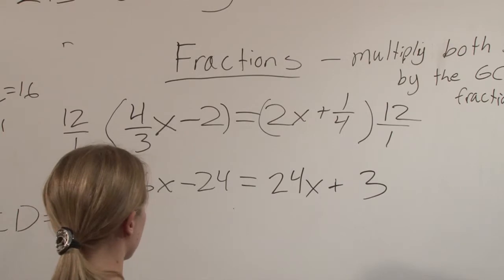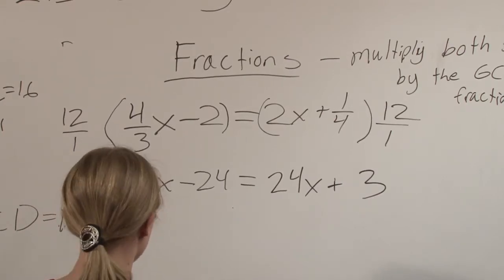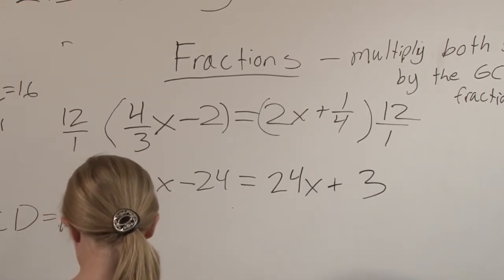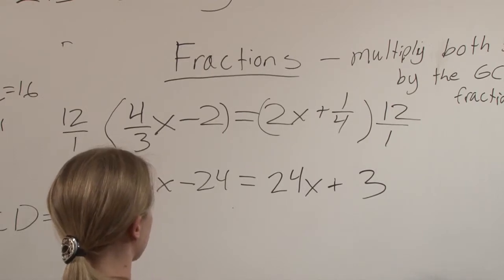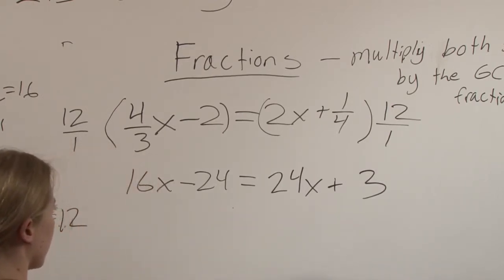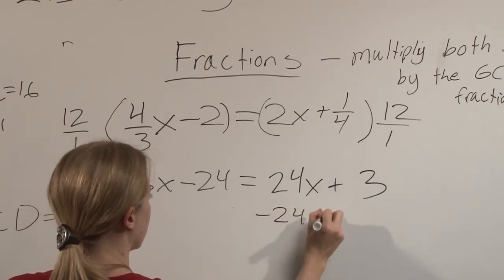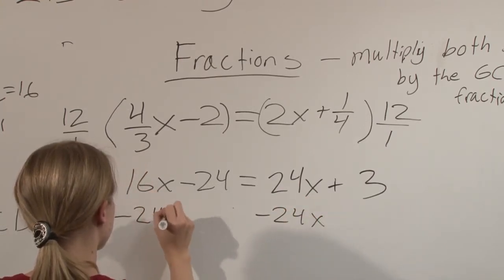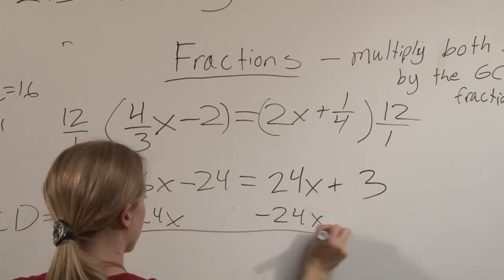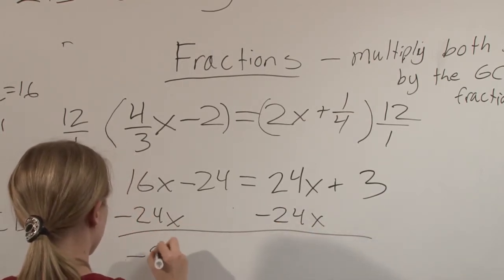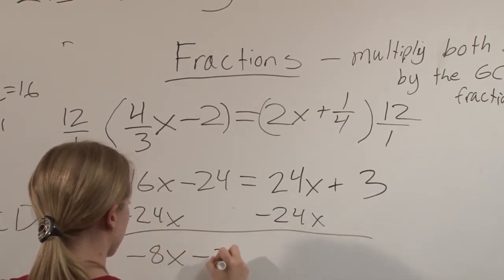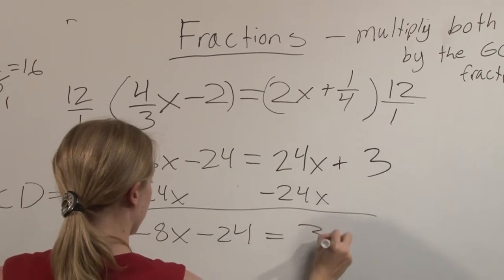So now I'm going to get all the constants on one side and all of the variables on the other side. So I will subtract that 24x over here, which is going to give me negative 8x minus 24 equals 3.